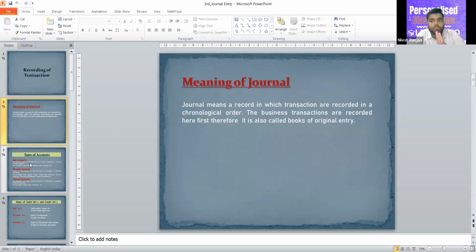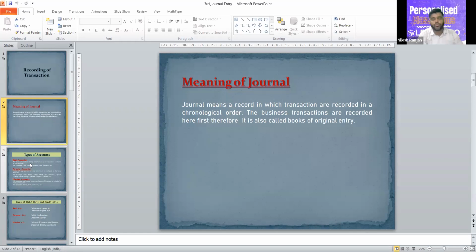There are 3 types of personal account. First is natural, where we use the name of any person. Second is artificial, where we use the name of any organization. The third is representative account, where we cannot use names, so we use other words instead. These are called representative accounts. Is that clear?